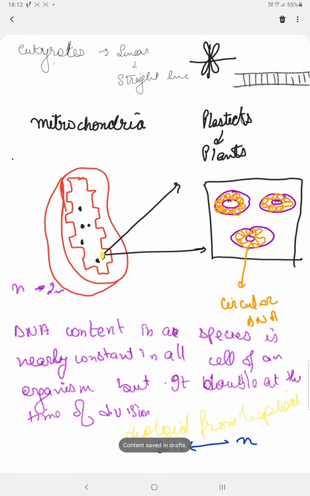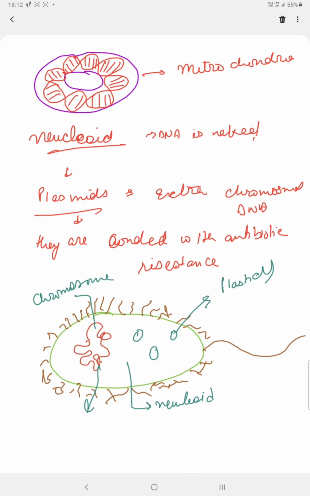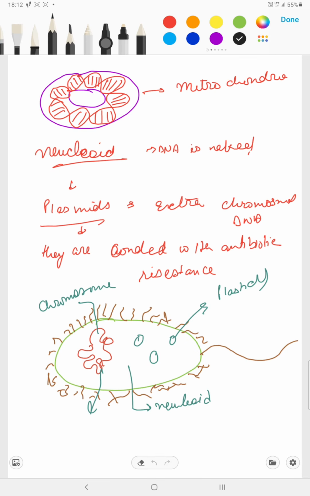Now if I move forward, I've saved this in my draft so that next time if I want to teach the same concept or want some clarity, I could just talk about it. Now here I have drawn the mitochondrial DNA. If you see it clearly, it looks somewhat like the DNA of prokaryotes.